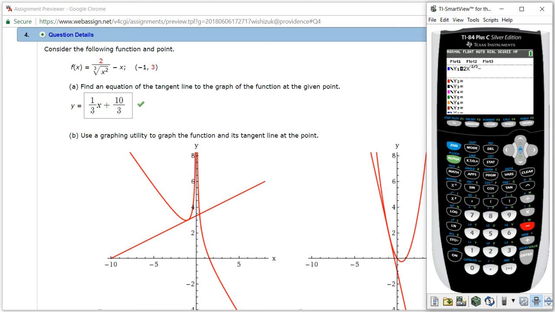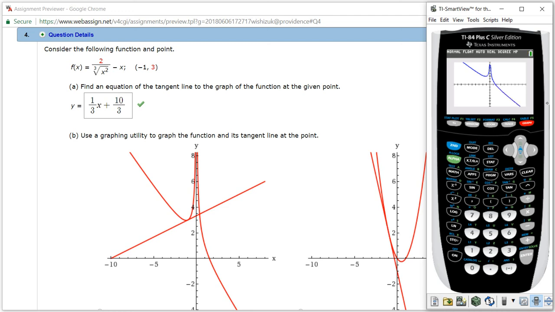Then you go to graph, and it's going to look like this.